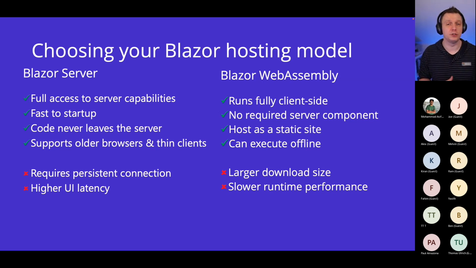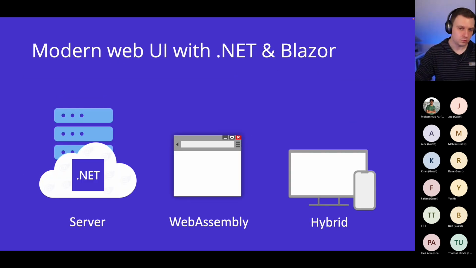I think there's also an option to create a PWA from it. That means, of course, your Blazor application can be offline, because as soon as you want to go out and get data from a REST API or something, then sure, you're going to need that internet connection still, right? But at least you don't need it for the core application. So that's the difference there.